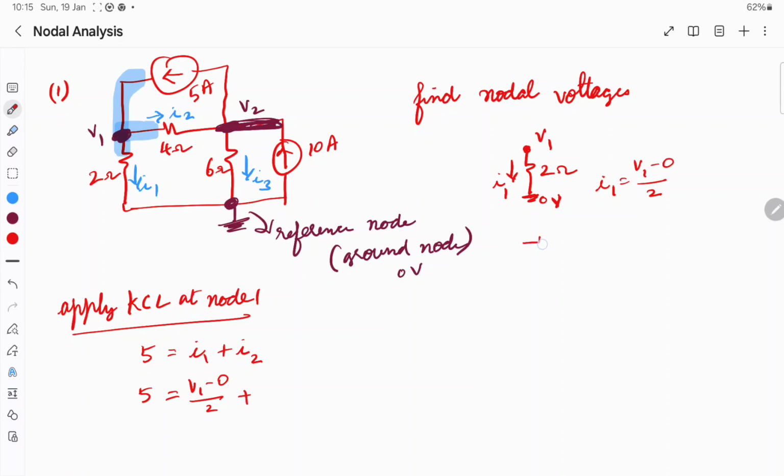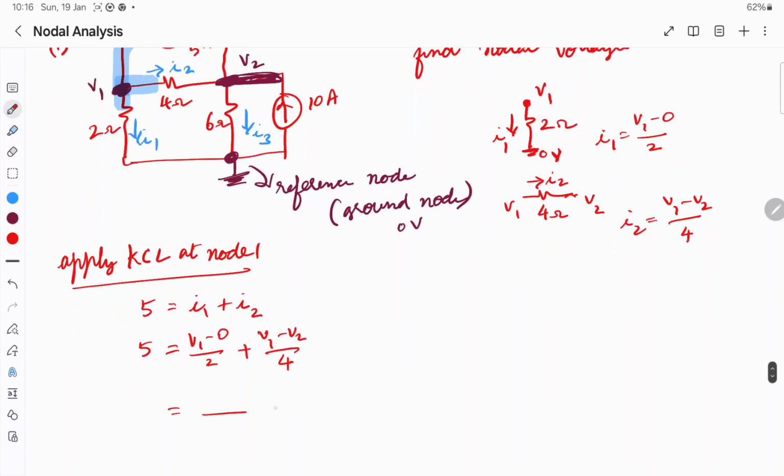What about I2? This is the current flowing through 4 ohms. On this side the potential is V1 and on the other side the potential is V2. The potential difference is V1 minus V2, divided by the resistance 4, gives I2. So I2 is V1 minus V2 divided by 4.